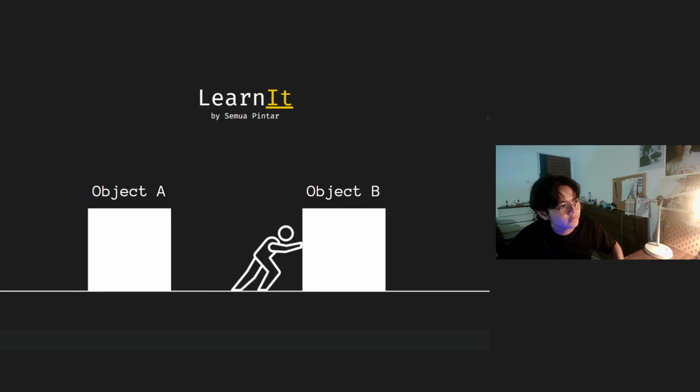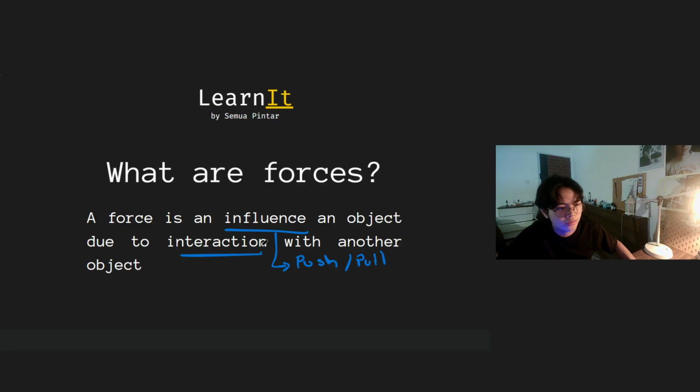Say I have an example: object A and object B. This person right here is pushing the object. From the previous keyword, we can say that the person is exerting a force, because a force is a push or pull factor.